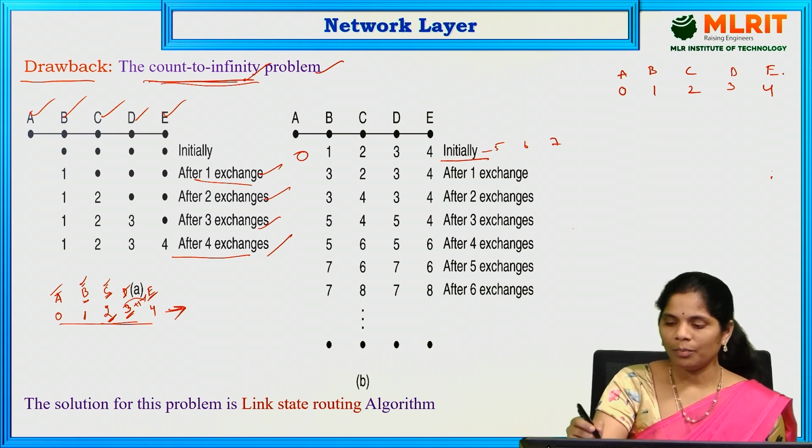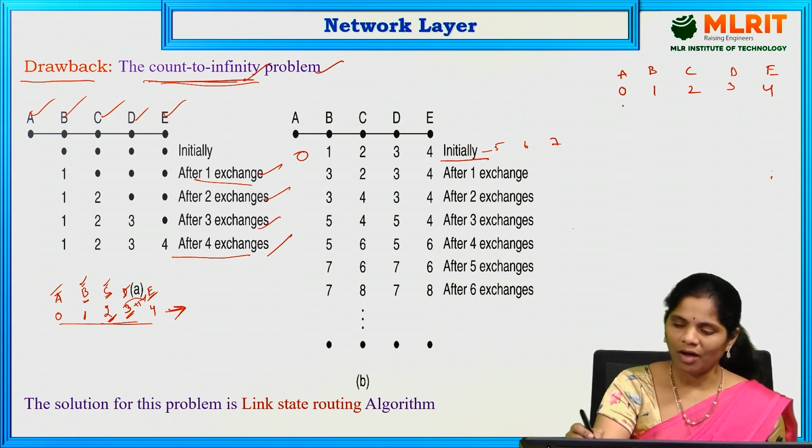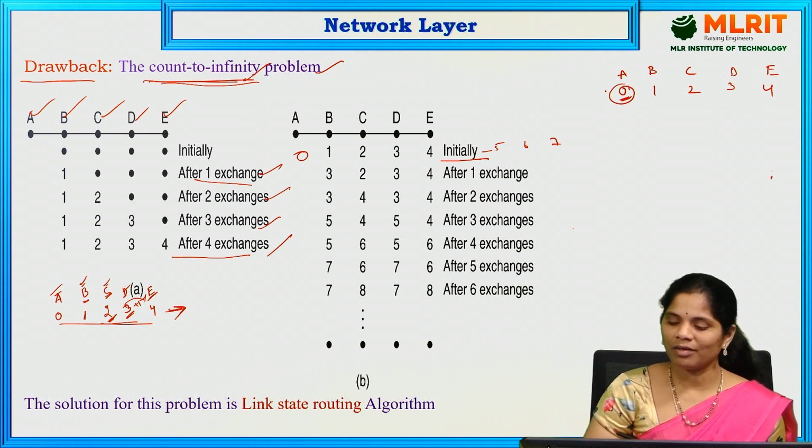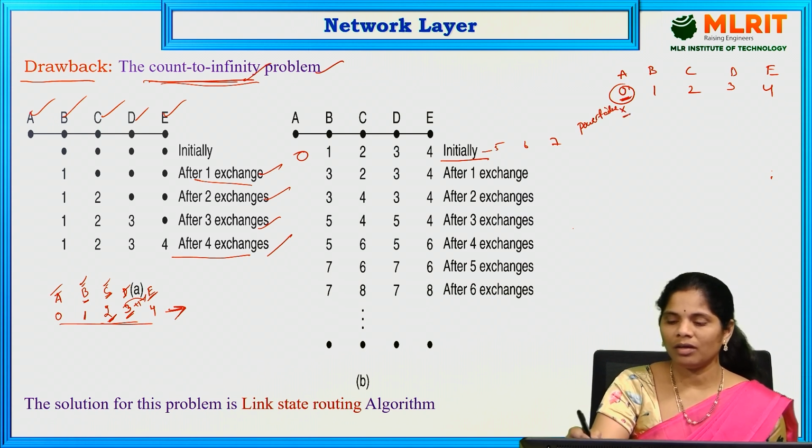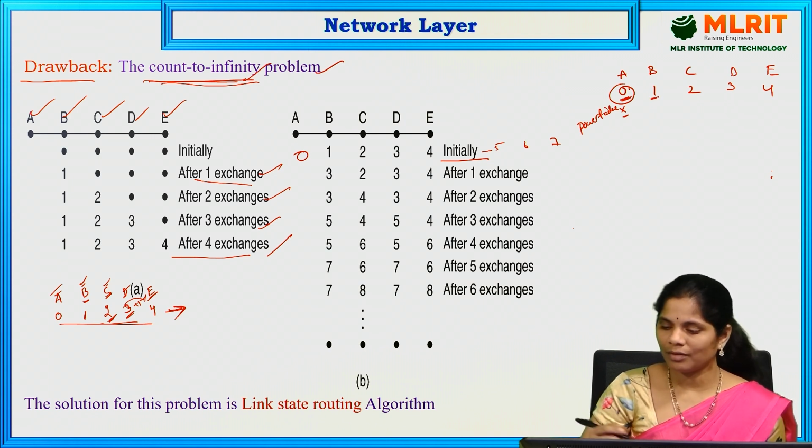Suppose after some time, router A fails because of some power failure. This router goes down, so it is not working. So what will B assume? B thinks that there is no A, that it is going down.